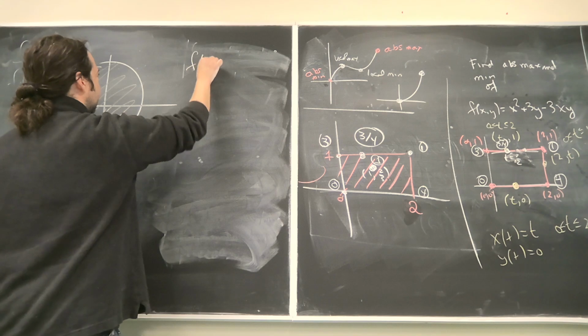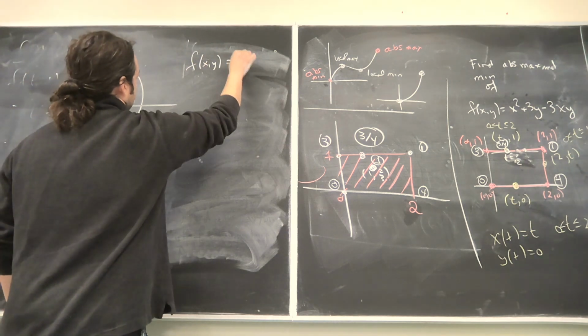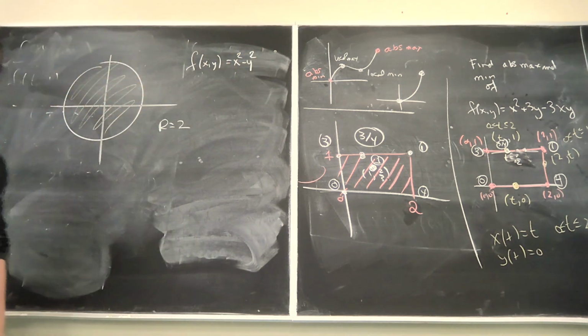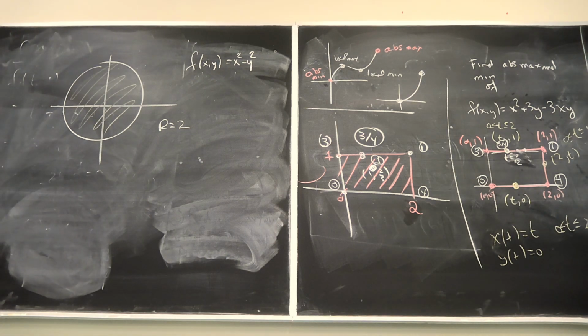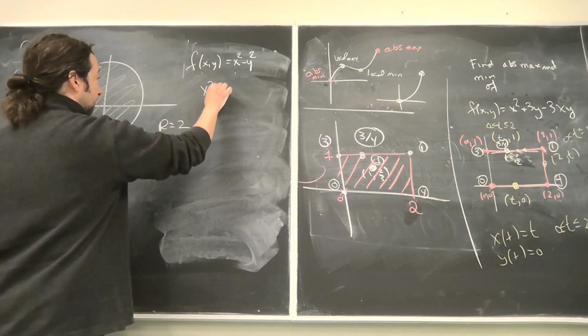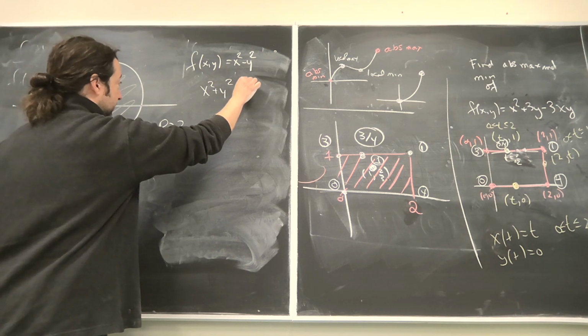If I give you f of x and y is equal to x squared minus y squared, and then I tell you that the domain I want you to find the absolute max or min on is a disk region instead of a rectangular region, including the boundary, I would write that as x squared plus y squared is less than or equal to 4.